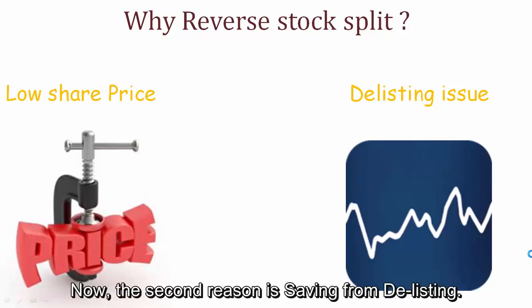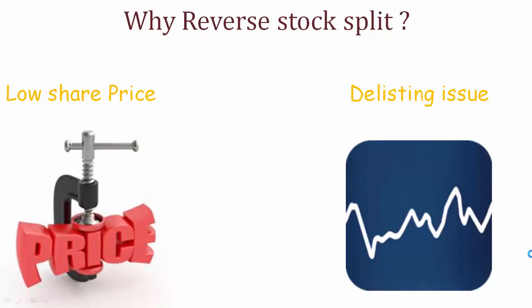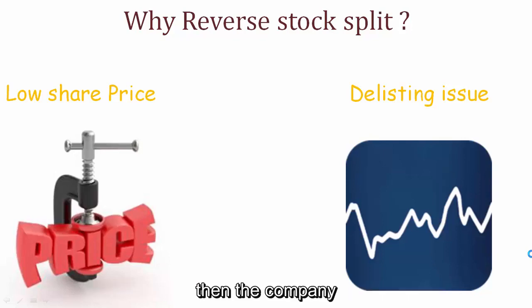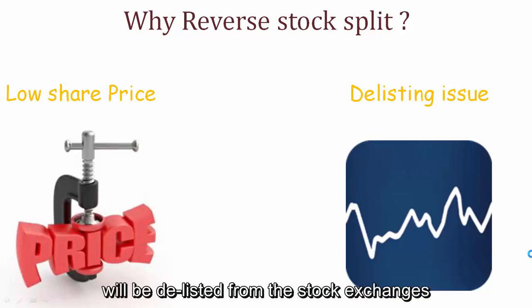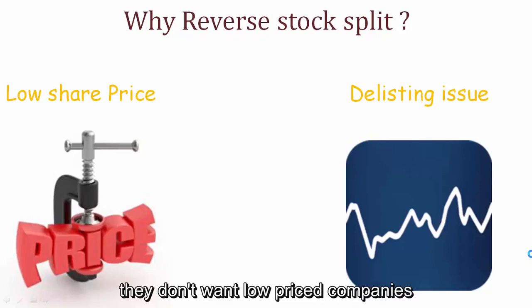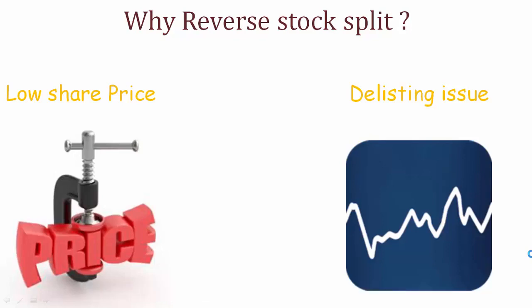The second reason is saving from delisting. Some exchanges have rules that if the stock price goes below a certain level, the company will be delisted from the stock exchange. Stock exchanges have a reputation and they don't want low price companies to be listed.